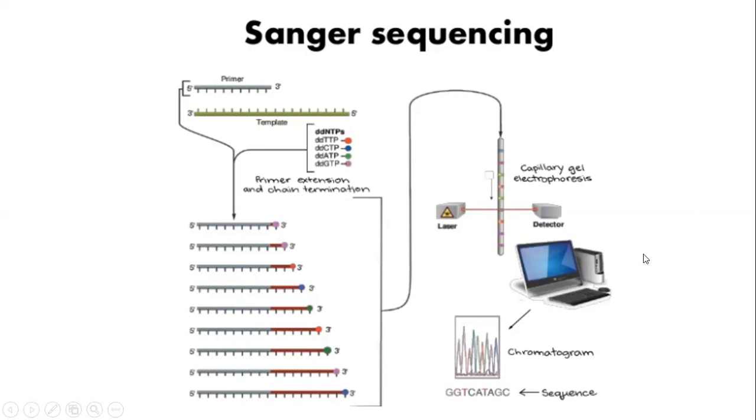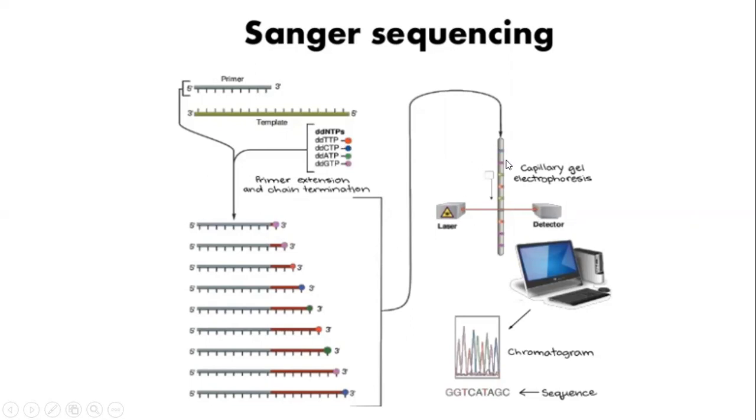So instead of having your reactions in 4 different tubes, you can actually have a reaction in a single tube, where we are going to add limiting amounts of the dideoxynucleotides, all in a single tube, each of them labeled with a different fluorescent dye.